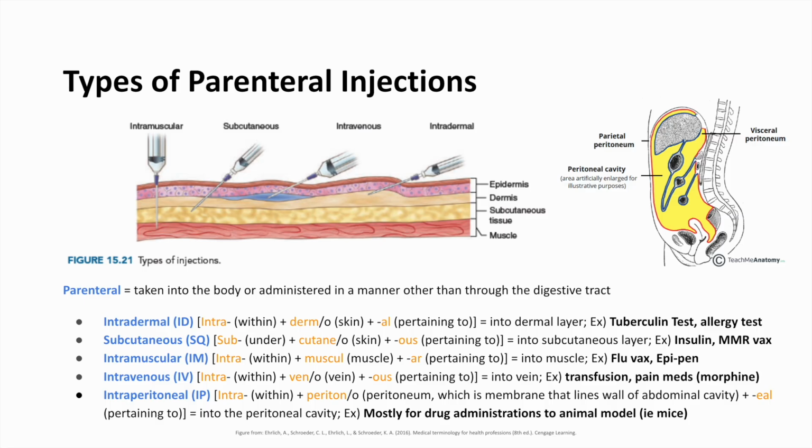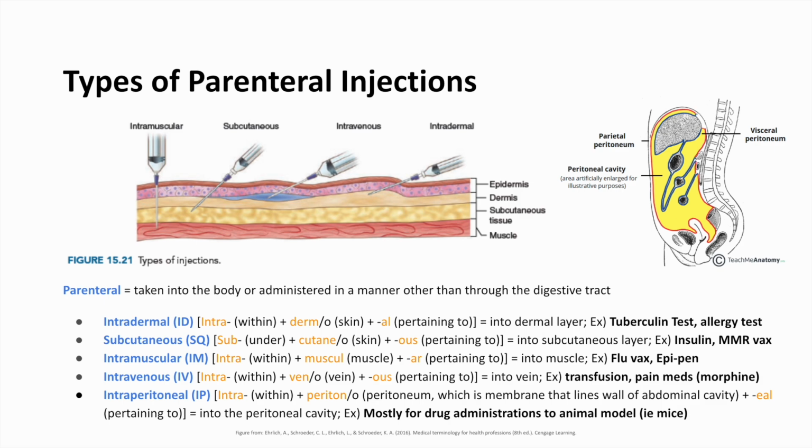Some examples of intradermal injections are the tuberculin test. If anyone has ever gotten a tuberculin test, it hurts really bad. Any kind of intradermal injection actually hurts really bad.